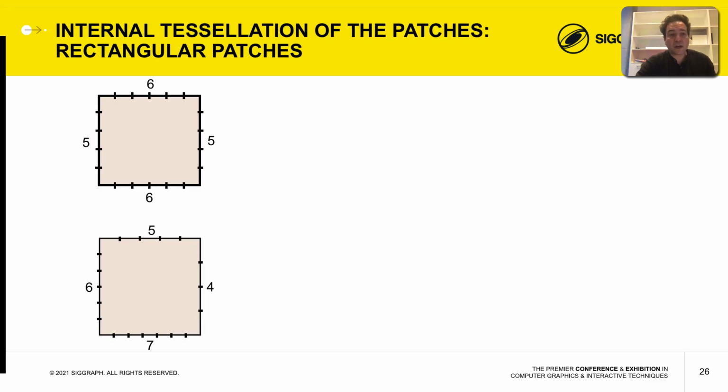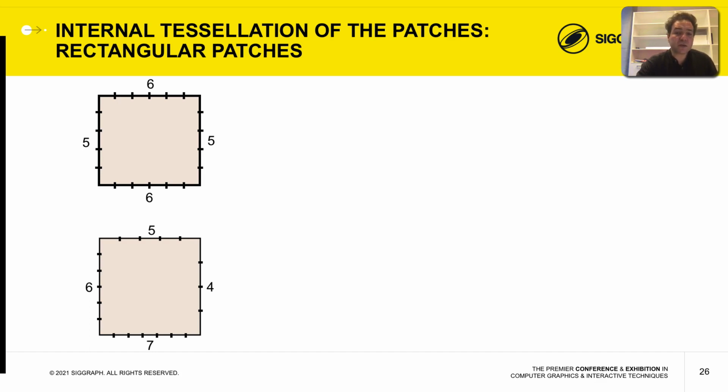But before explaining how we can derive a nice patch layout, let's first describe how we can tessellate a patch. Let's, for example, consider first a simple rectangular patch. This is a trivial case, like the one shown at the top left corner, where opposite sides have the same number of edges.